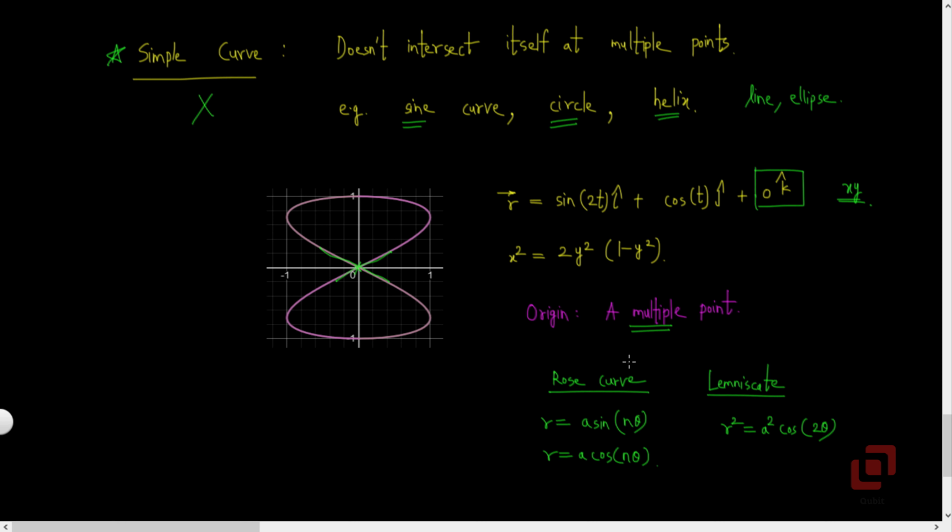Now for Rose curves to have multiple points, we should ensure that n is greater than 1. Because if n is equal to 1, then the Rose curve converts itself to a circle. You may use any grapher to plot the Rose curves as well as the Lemniscate. It so turns out that origin is the multiple point for the Rose curve as well as for the Lemniscate.